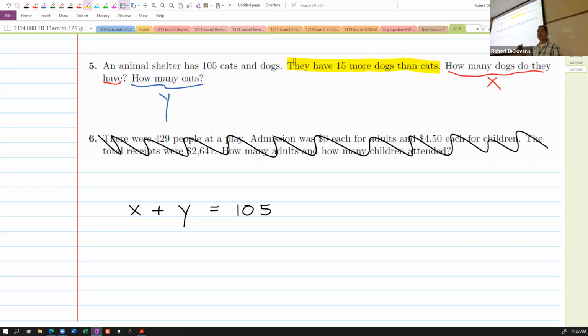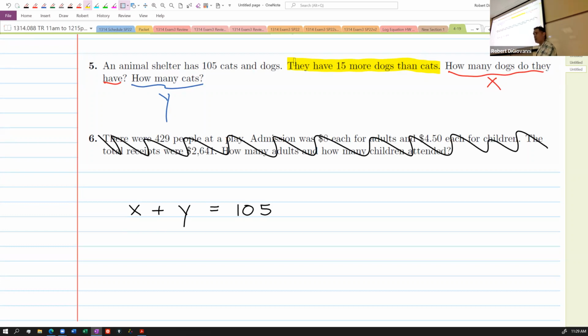If you had 10 cats, according to this, how many dogs would you have? 25. Does that make sense? If you had 20 cats, how many dogs would you have? 35. So what if you had Y cats? How many dogs would you have? If you have 5 cats, you're taking 5 and adding 15 to it, right? Y plus 15.